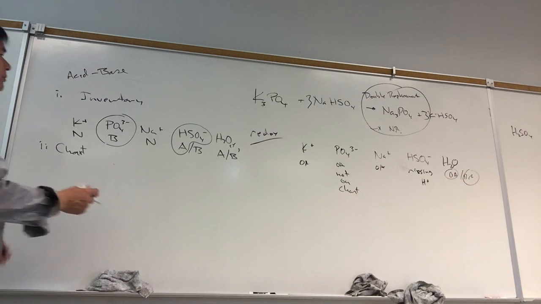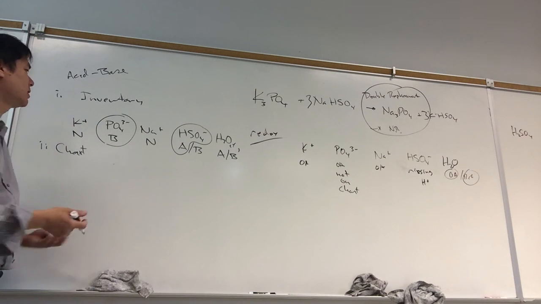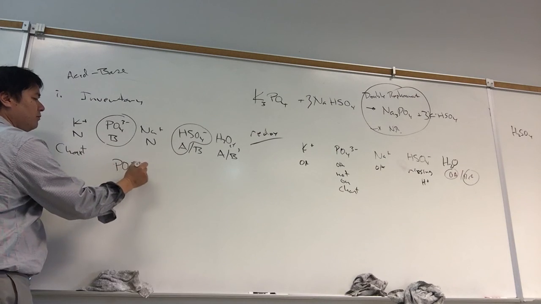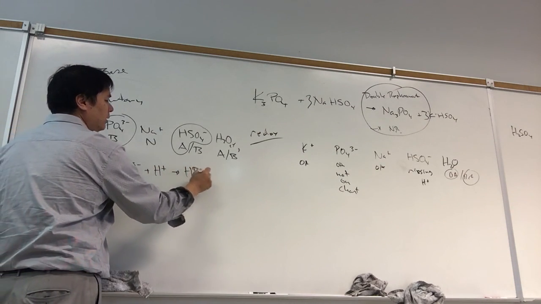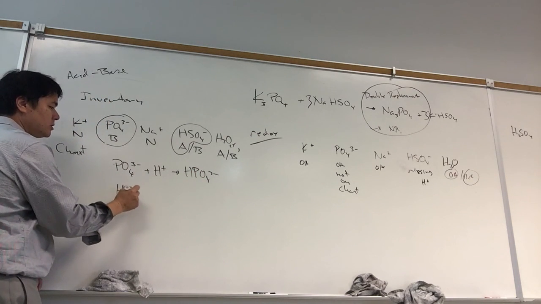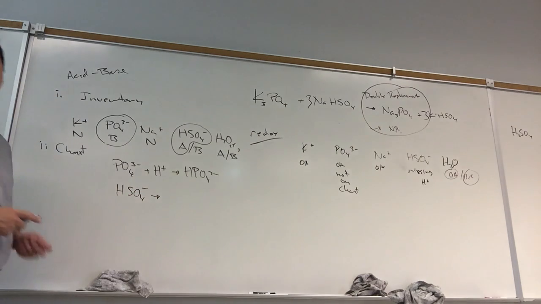Okay, then what we do is we write the equations down. We copy the equations off the chart. Phosphate plus H plus yields HPO4 2 minus. And we copy the other equation down. HSO4 minus is tricky because it occurs on both sides of the chart.